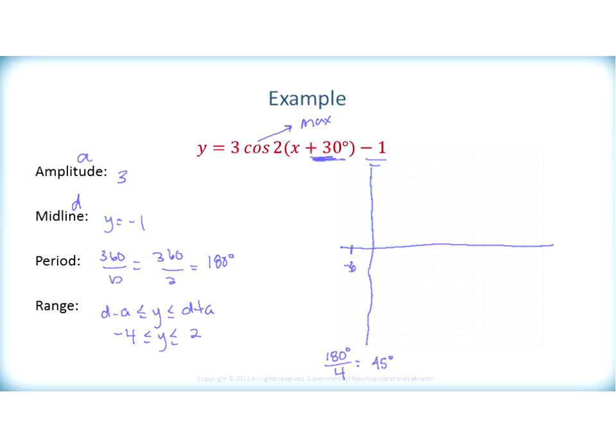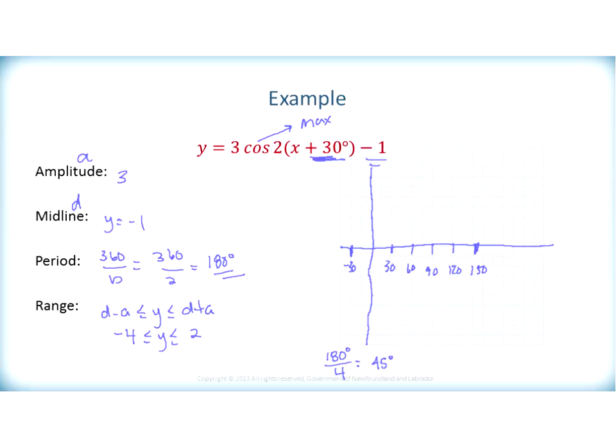So negative 30, and each point should go up by 45 degrees. I'm just going to continue to jump by 30. And since the period is 180 degrees, my last point should be at 150. If I'm starting at negative 30 to go to 150, that would give me 180 degrees for my period.